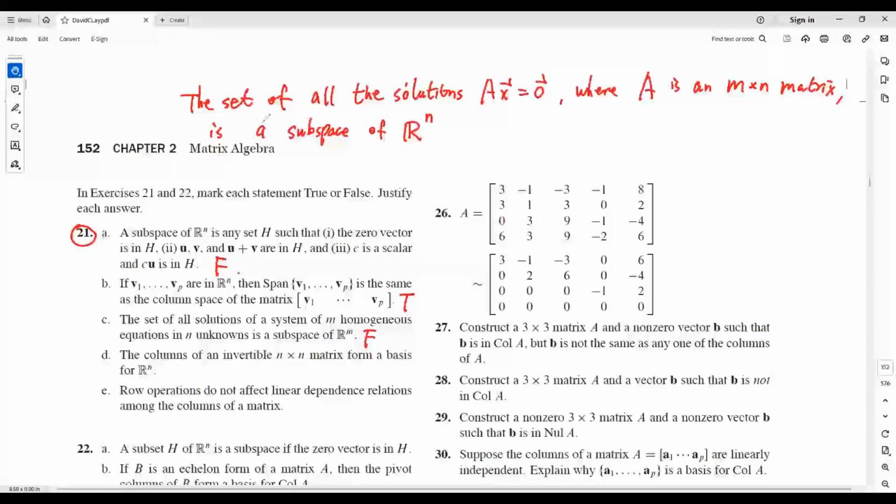False. The set of all the solutions of Ax equals 0, where A is an m times n matrix, is a subspace of Rn, not Rm.